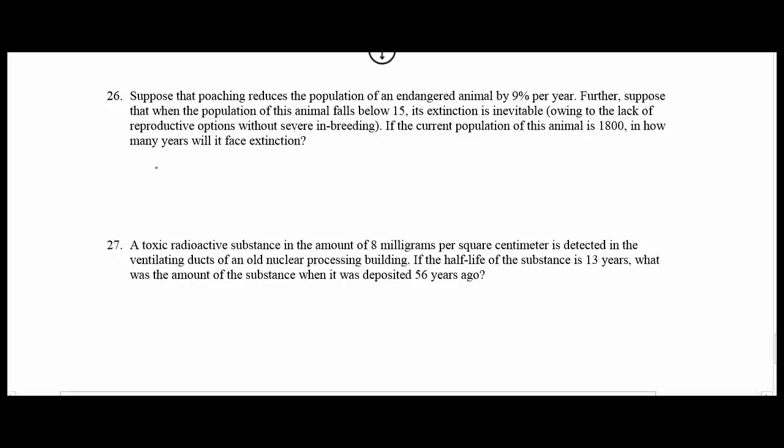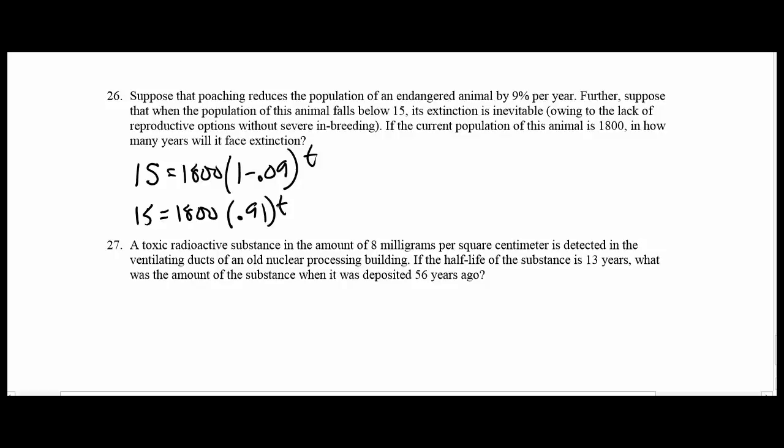So what we're told is, I want to know how long till the population reaches 15, given that it decreases by 9% each year. Okay, so simplify that, again, 1800 times 0.91 to the t.